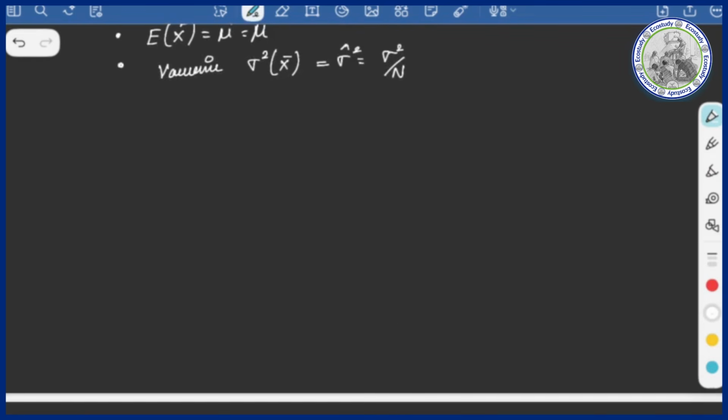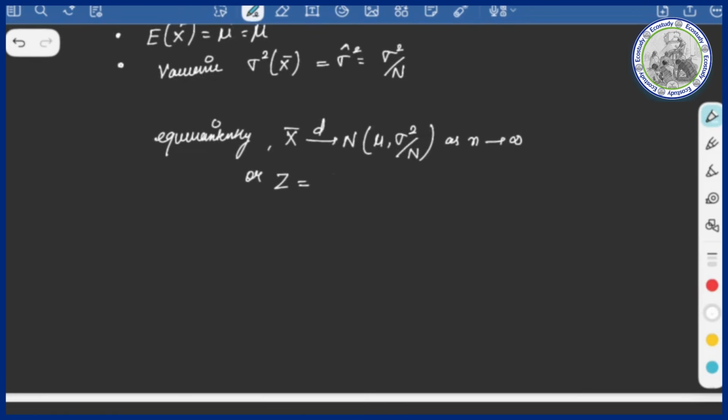Then eventually, equivalently, x bar is distributed as normal mu, sigma square by n as n tends to infinity, or z equal to (x bar minus mu) upon (sigma by root n) is distributed as normal 0, 1 as n tends to infinity.